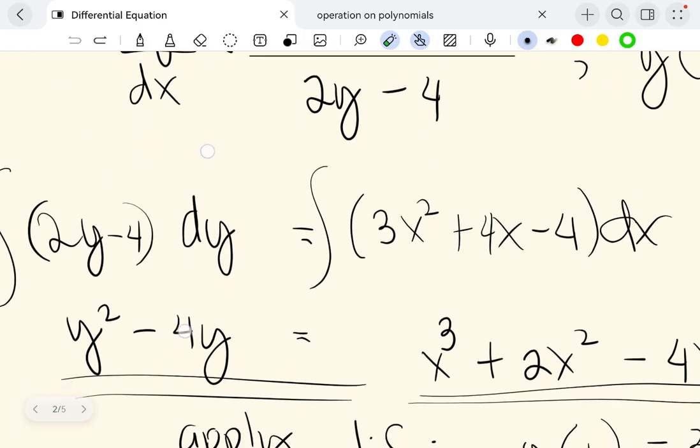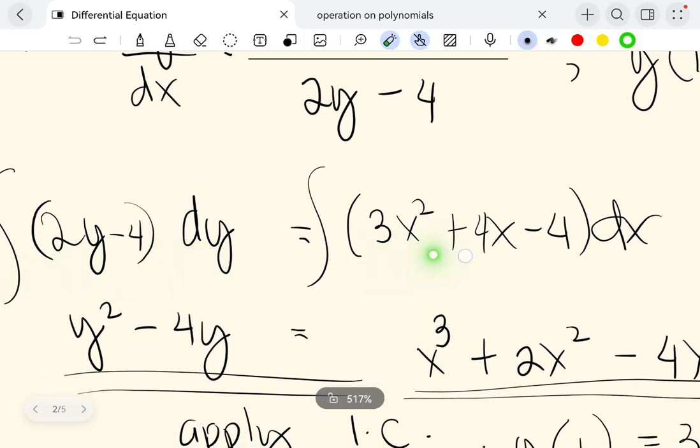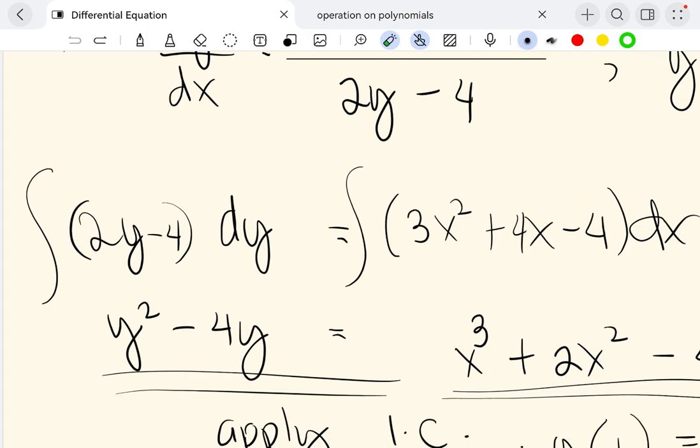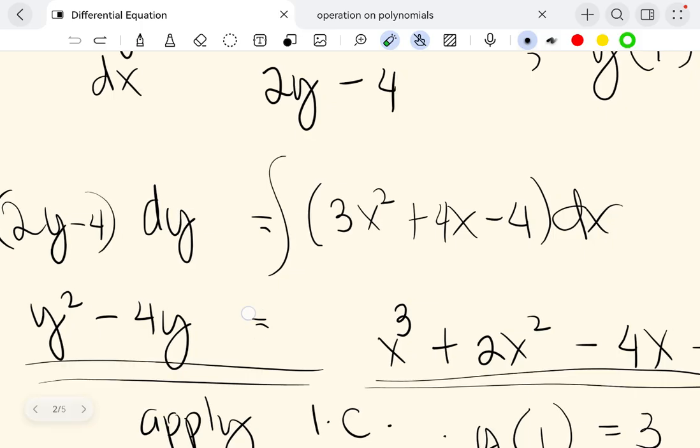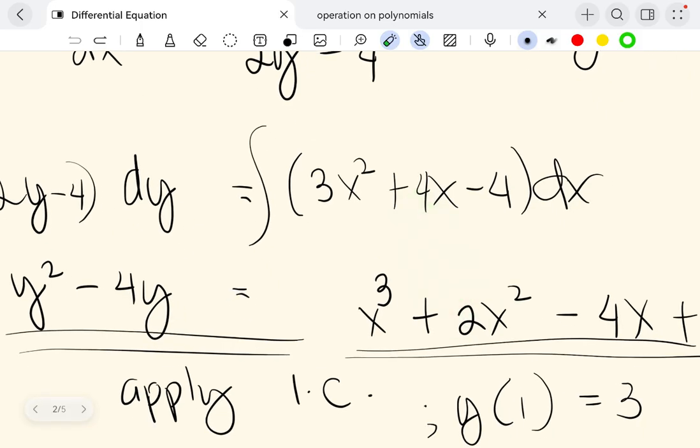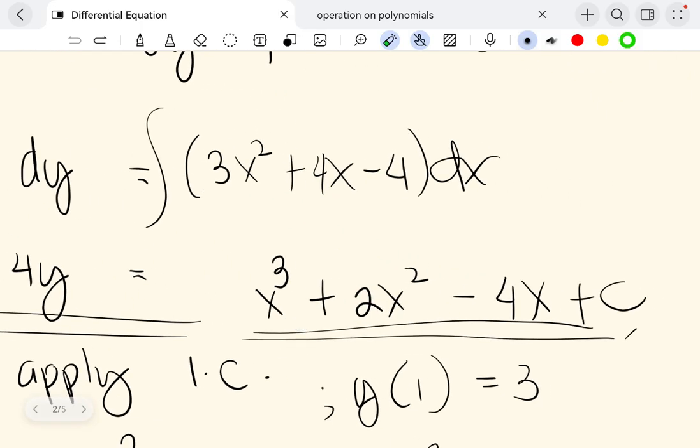Then you will end up with this one and this one, then integrate both sides, in terms of y. So we have y squared minus 4y, and that is equal to the integral of this: x cubed plus 2x squared minus 4x plus c.